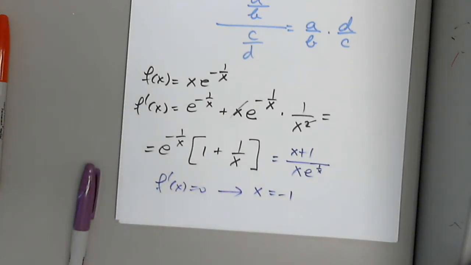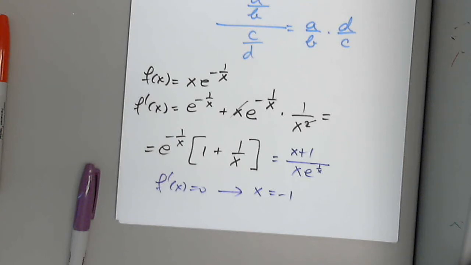Okay, now I need to study the sign. Which pieces from here don't I have to worry about? Which one will I waste my time on if I plug in numbers? Which part of the bottom? Of course. This is always a positive number. I don't care about it.